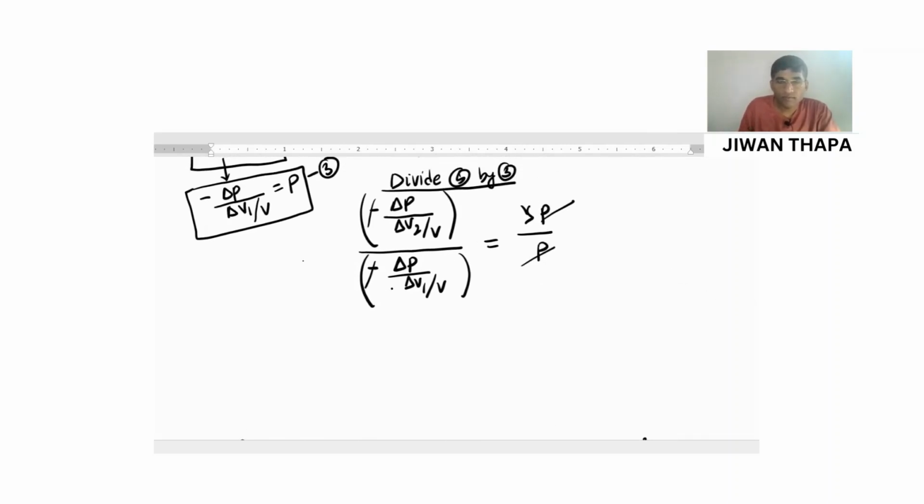Now we can write the left-hand side in this way: delta P by delta V2, with V delta P and delta V1 in the numerator.